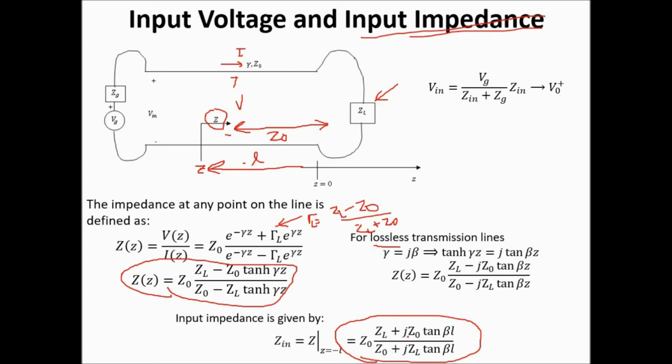So we have three factors to consider for finding the impedance here: the load impedance that is connected here, the characteristic impedance of the transmission line, and the distance. So you see the input impedance is a function of ZL, Z0, and the distance L, as well as the phase constant beta and L. Beta L is called the electrical length.